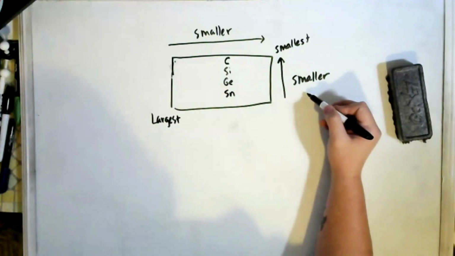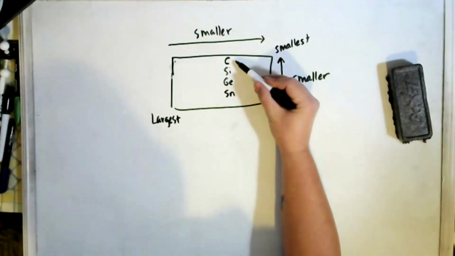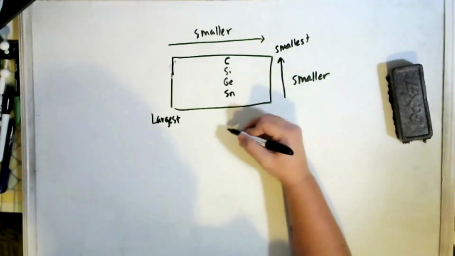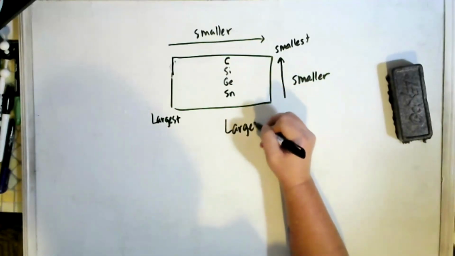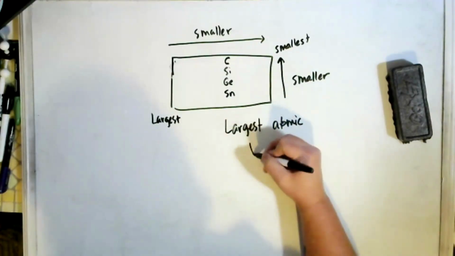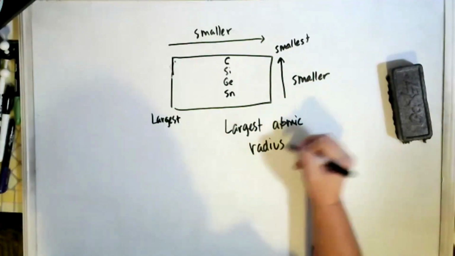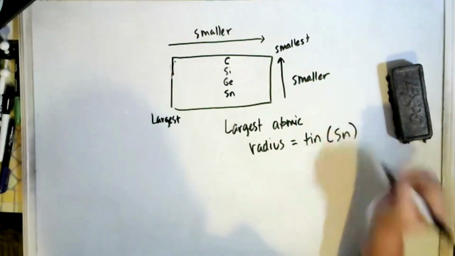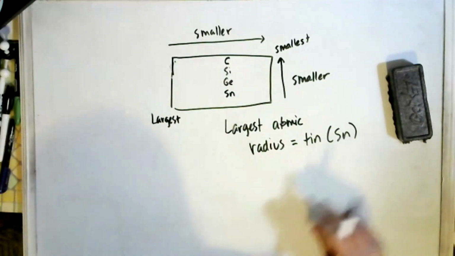From our trend, whatever's up top is going to be smallest, and whatever's on the bottom of this column is going to be largest. So the thing with the largest atomic radius is going to be tin in this case, which is symbol Sn.